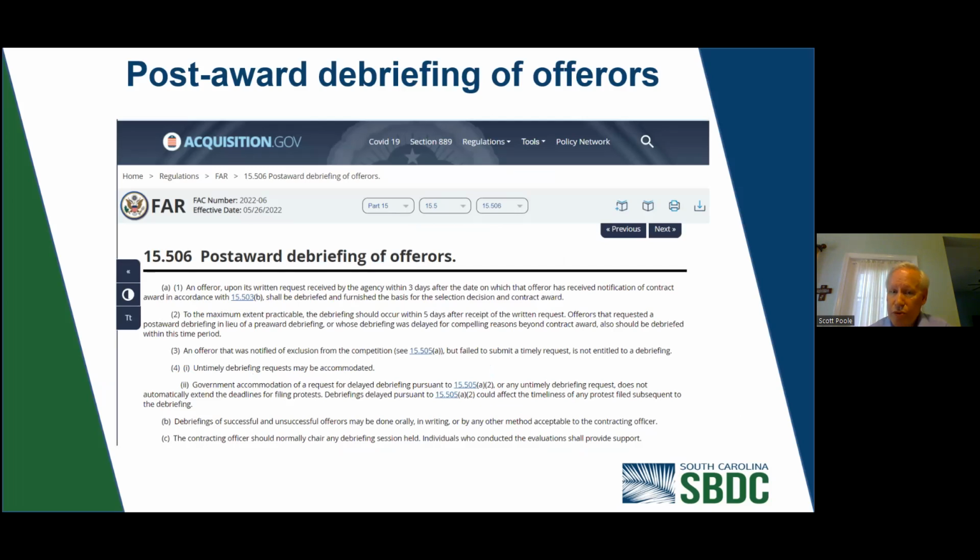There are certain rules that apply to this. When it's a written request received by the agency, it has to be within 3 days after the date they received notice of contract award. And to the maximum extent practicable, debriefing should occur within 5 days after the receipt of that request.